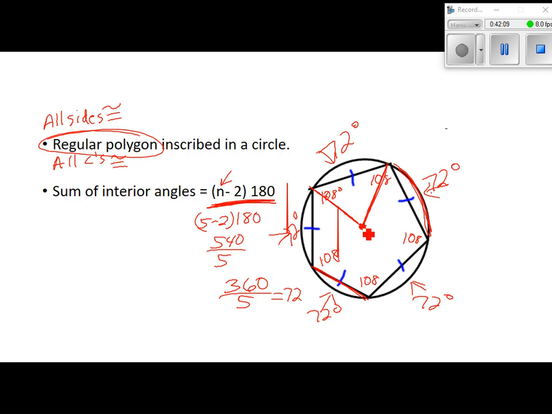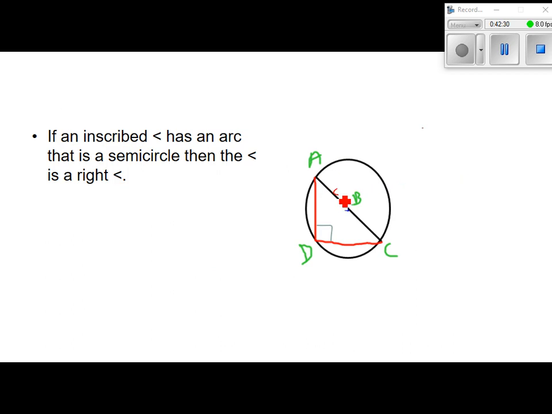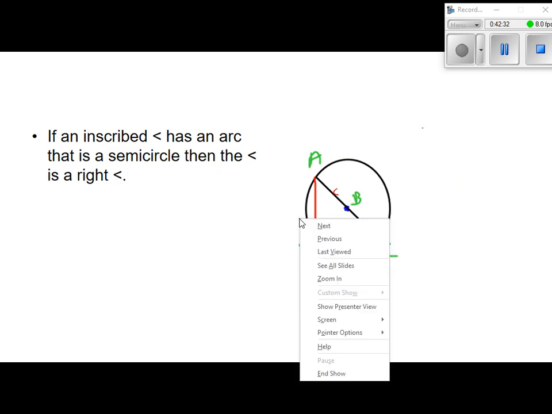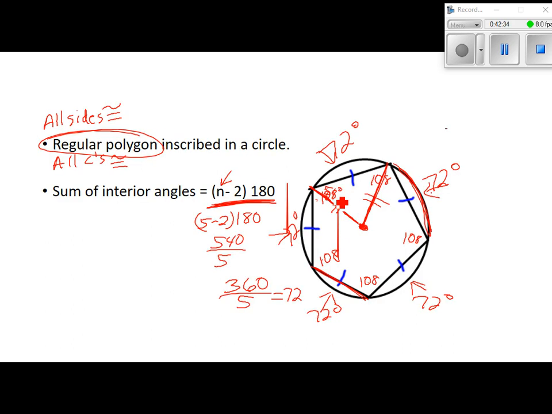I have that triangle there. What can you tell me about these 2 sides in that triangle? They're both radii, so they have to be congruent to each other. What do you think happens with this angle right here? It bisects. So what's 108 divided by 2? 54. So that angle's 54. This one's also got to be 54.